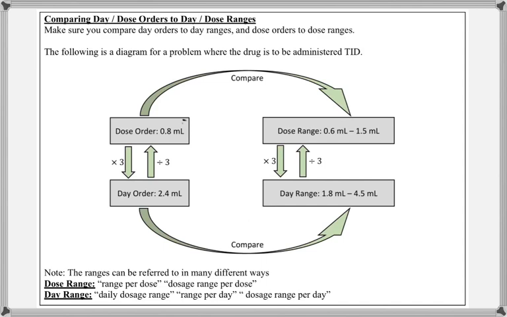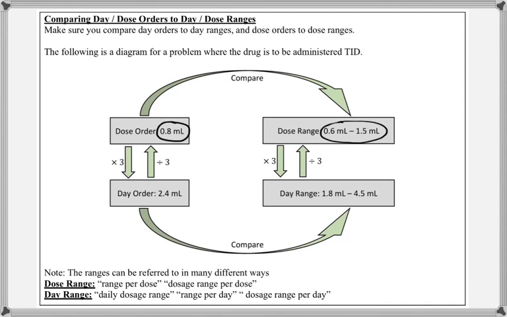So next up, I want to look at comparing day and dose orders to day and dose ranges. So make sure that you compare day orders to day ranges and dose orders to dose ranges. And the following diagram is for a problem where the drug is to be administered TID. So let's say for one dose, the order is coming in at 0.8, and the safe range for an individual dose is 0.6 to 1.5.